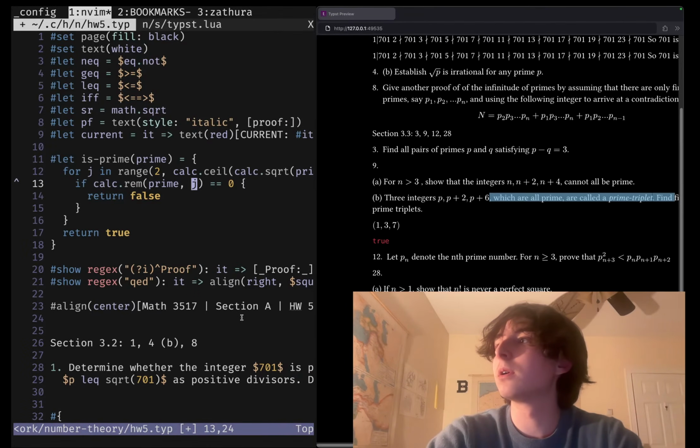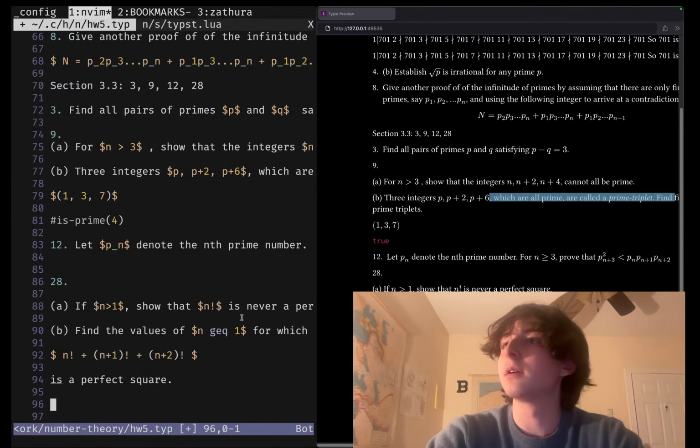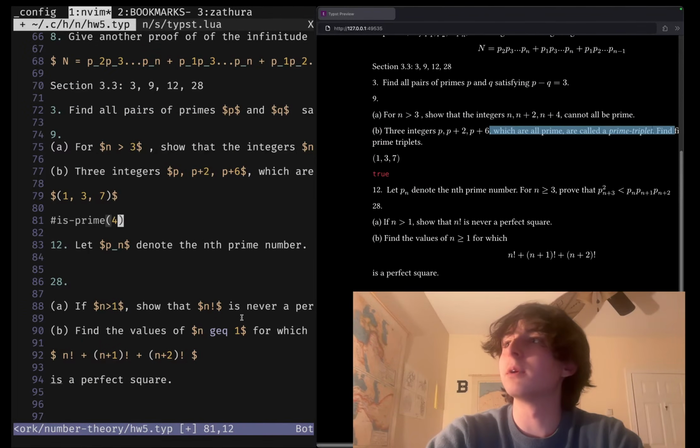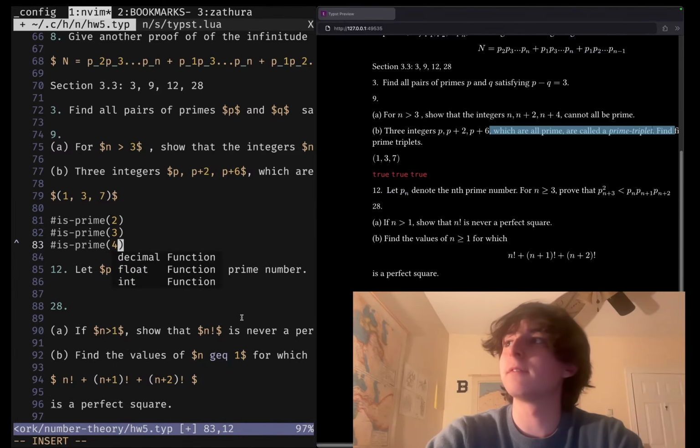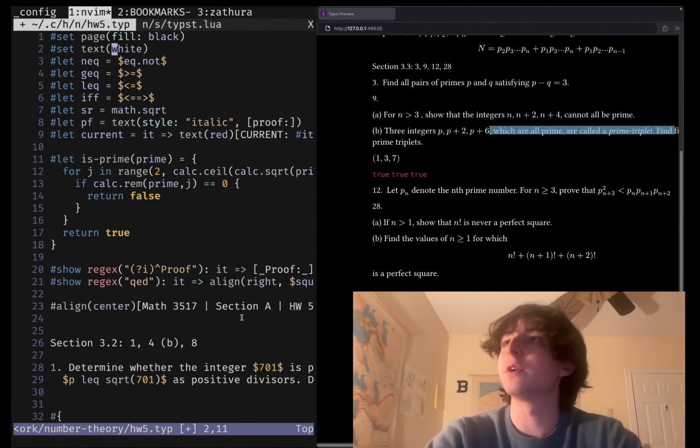No. Prime j. Okay, 4 is not prime. 3 is not prime. I think this just returns. Okay. 2, 3, 4. We should see true, true, false if this is correct.